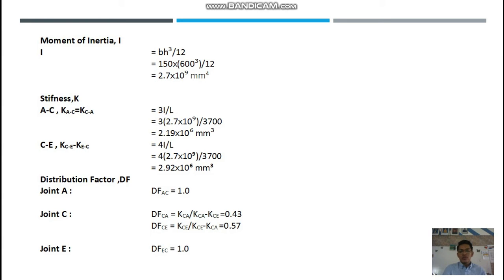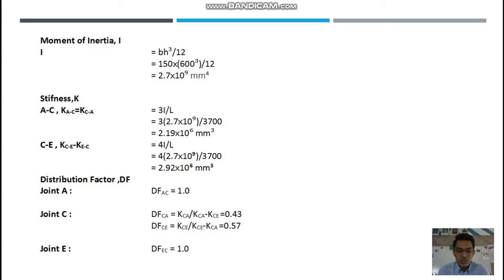And next we find the value for distribution factor DF for each joint, and we have three joints: joint A, joint C, and joint E. For joint A and joint E, the value for the distribution factor is 1, because we assume that it is a fixed support beam.